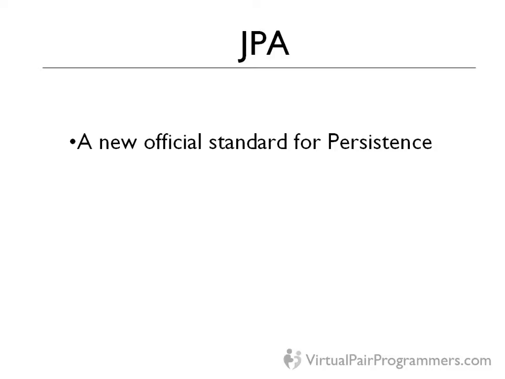But given that Gavin King and his associates were very closely involved with the development of the spec, you can almost think of JPA as being a standardization of Hibernate, because it really is based very heavily on Hibernate's original API. But as with most Java libraries, JPA is just a specification, and many groups are free to implement this specification.